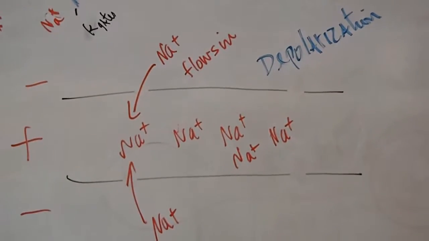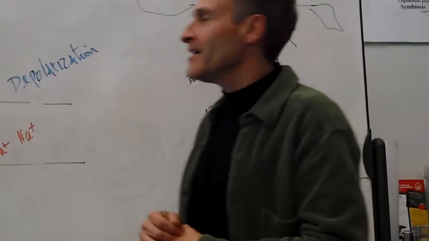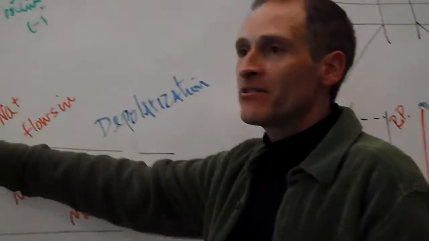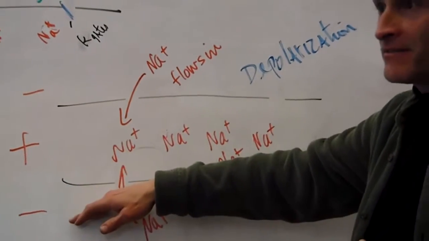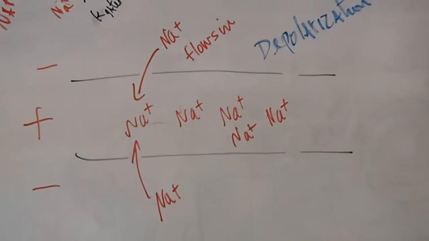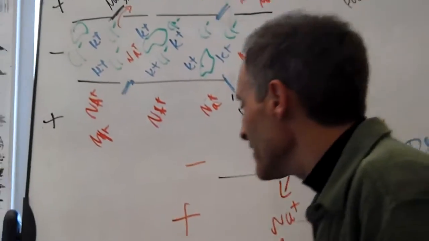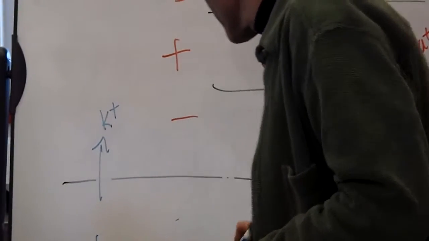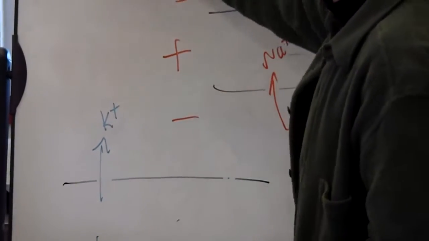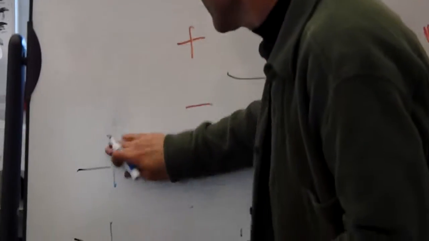So what you want to do is, right now it's backwards, and it should be positive, negative, positive. So what's going to happen is something different, not expected, but basically you're going to have potassium through the potassium channel. Sorry, I drew this on the wrong side.